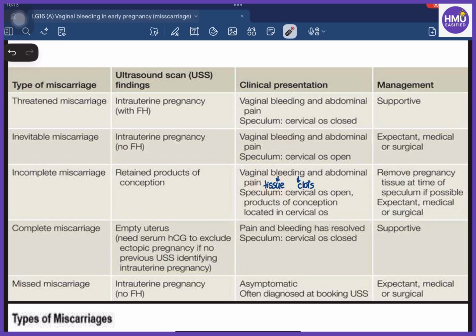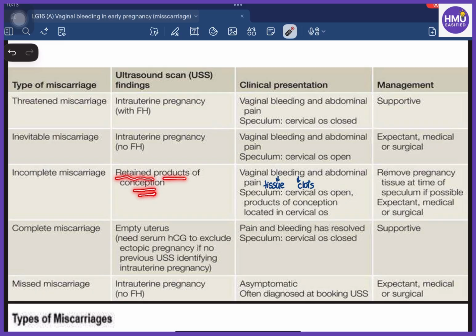And also on speculum the cervical os is open. But later, product of conception may be located in the cervical os, you see it. But later no, you don't see any product of conception. And on ultrasound you will see retained product of conception.